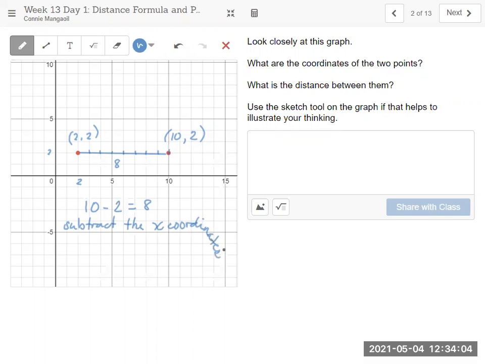So this is another way of finding the distance. Either count or you subtract the x values. Now you can count if you have a horizontal line like we did here. All right. Let's look at slide number 3.